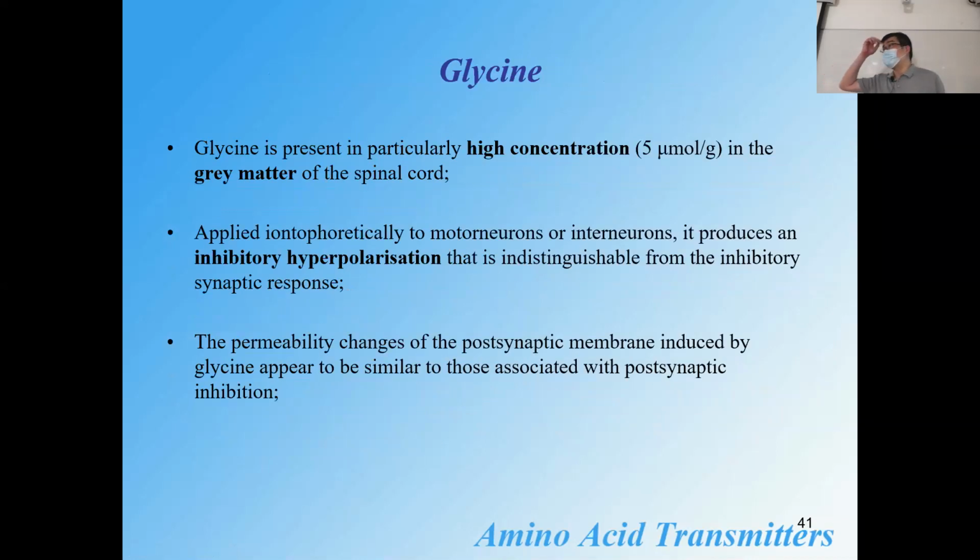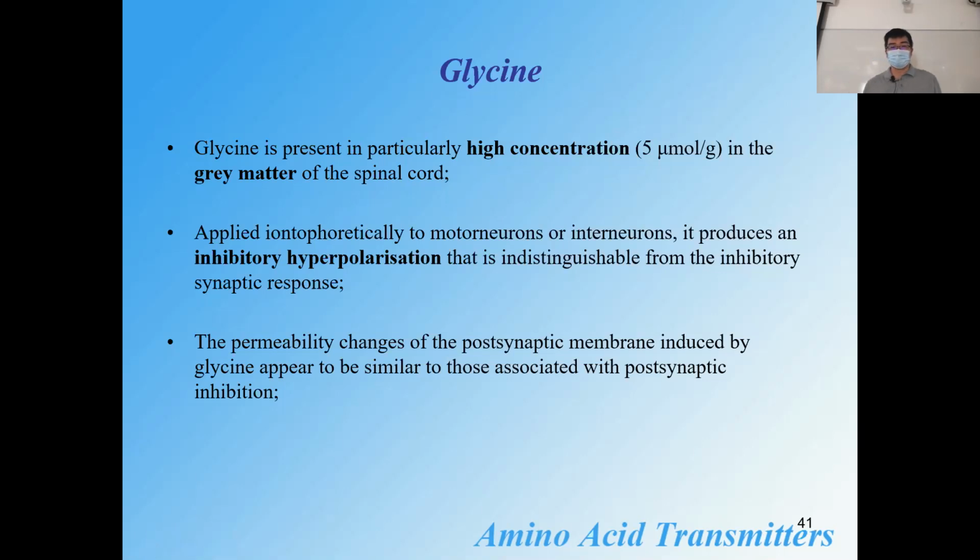So the last amino acid neurotransmitter, glycine, is mainly in the gray matter of the spinal cord. This one also has not been studied very much. We know just that it's in the gray matter in the spinal cord, used as a neurotransmitter. It seems to cause inhibitory hyperpolarizations.